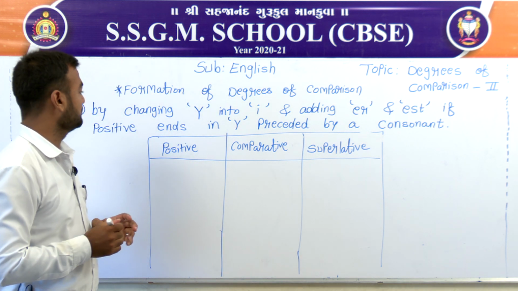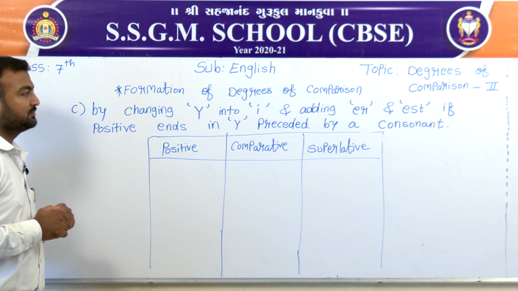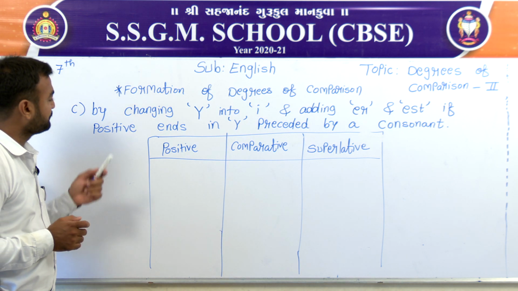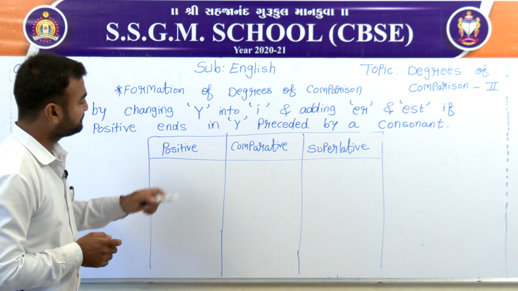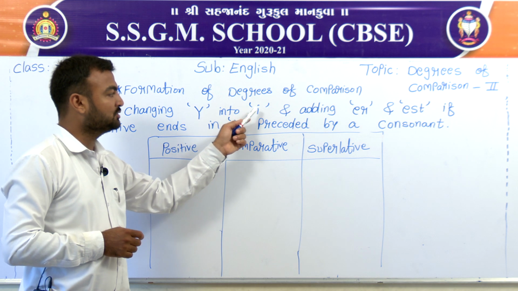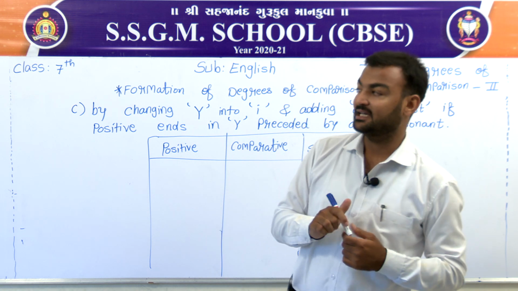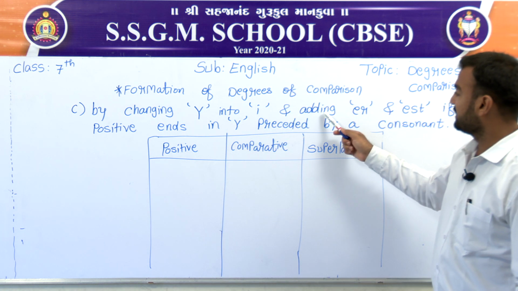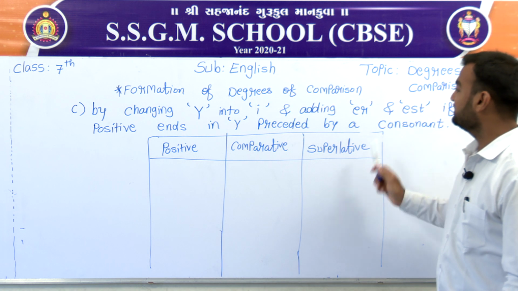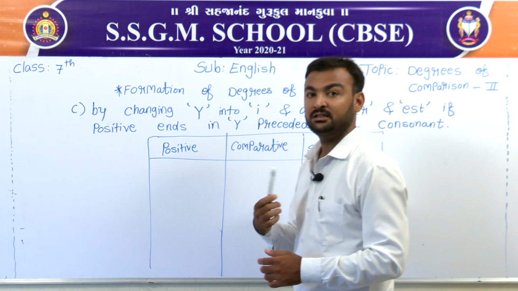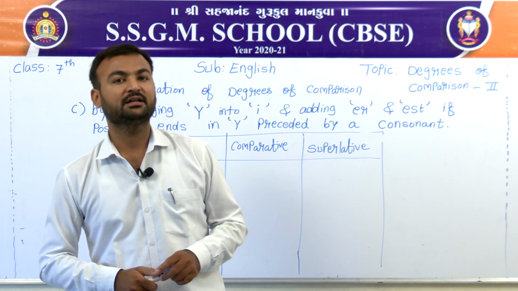Now students, rule number C is about how to form degrees. By changing y into I, that means we change y to I and then add ER and EST to form the comparative and superlative.